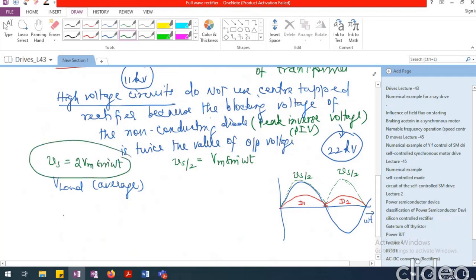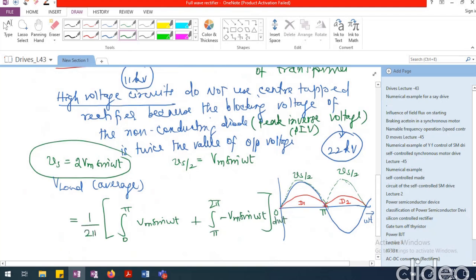Okay. So V load average will be from 0 to pi, it is having Vm sin omega t. If I want to take it for the entire cycle, I should write again from pi to 2 pi, it will be minus Vm sin omega t d omega t, whole thing divided by 2 pi.